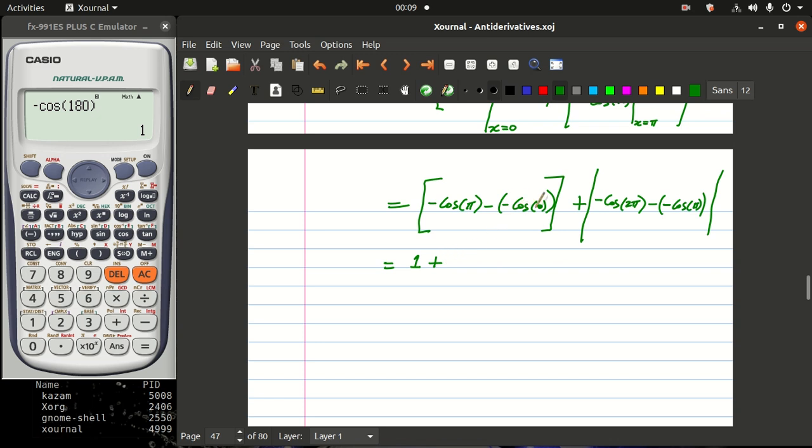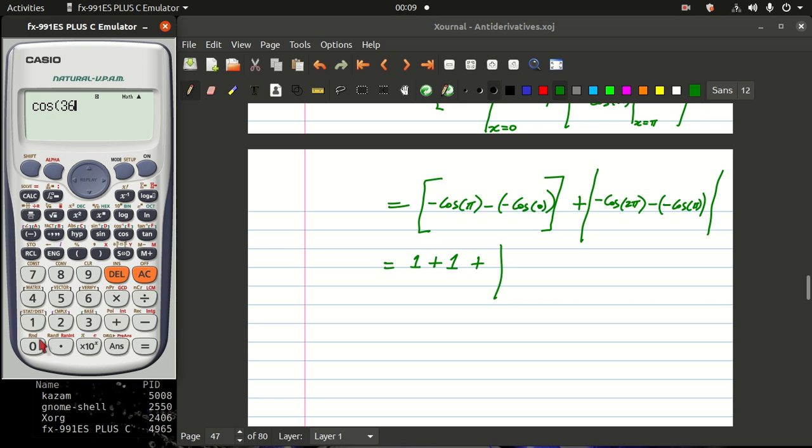And then I have a cosine of 0. You know that cosine of 0 is going to be a 1, so we have a 1 there. And then plus, I have an absolute value. What is cosine of 360 degrees?